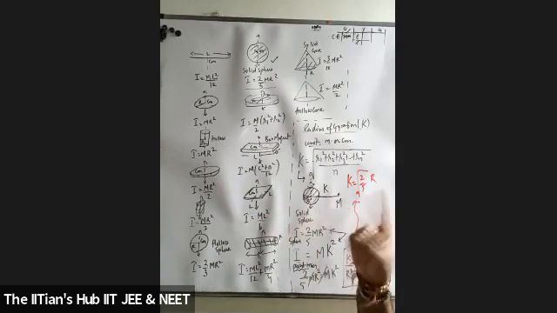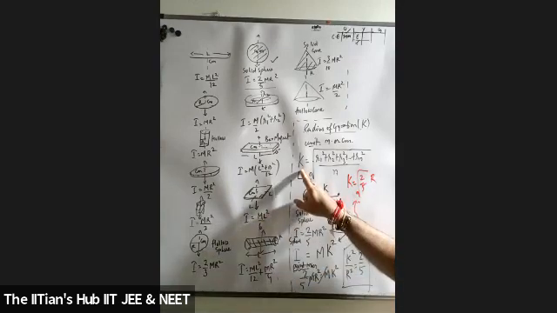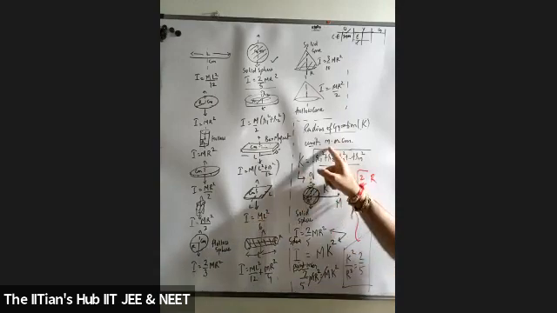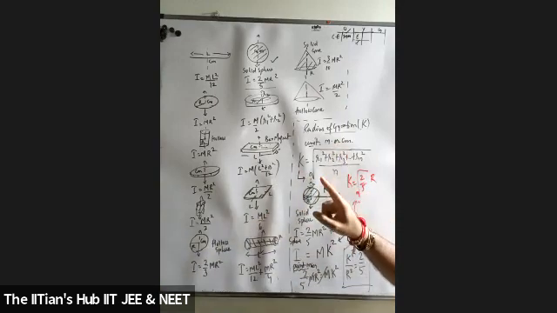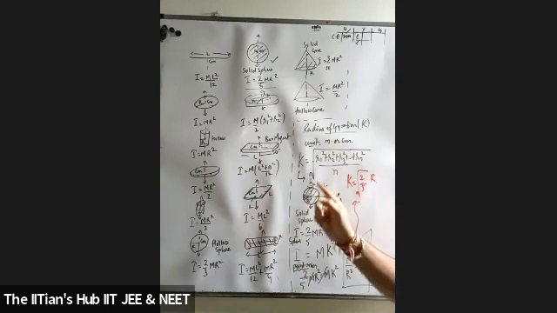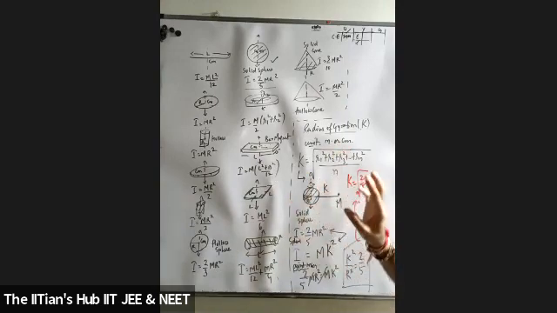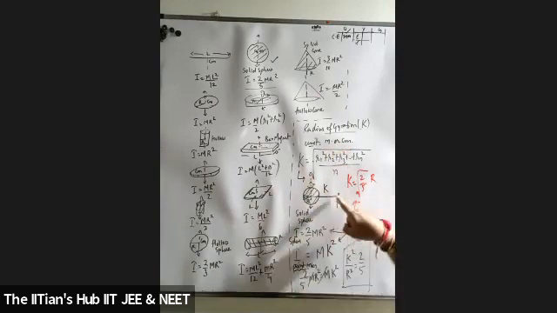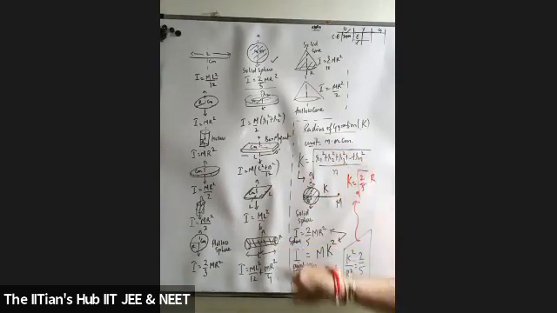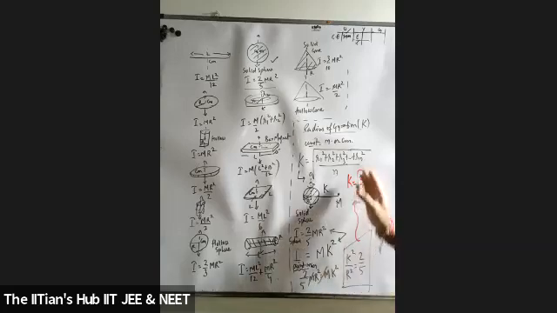Or radius of gyration is also defined as the root mean square distance of all the constituent particles from the axis of rotation. Also, the moment of inertia of the point mass is equal to the moment of inertia of the given body. So from here we can come to the conclusion k is equal to root 2 by 5 times r.